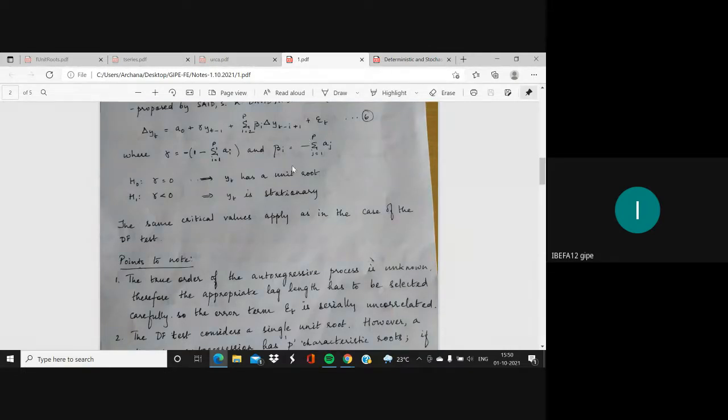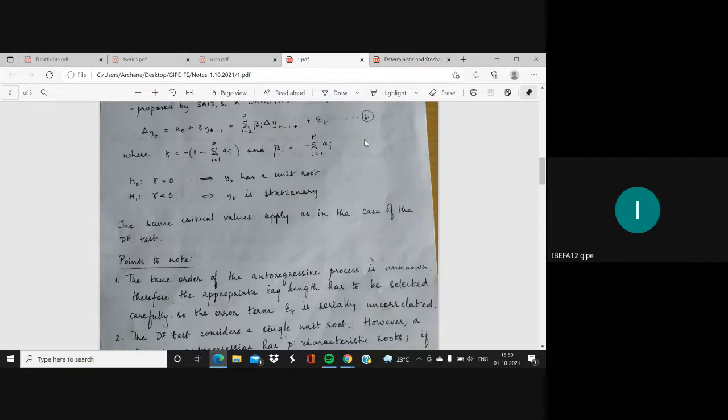Instead, if you find that the last lag is insignificant, or the last few lags are insignificant, then estimate the model again using p minus 1 lags, then check the statistical significance of the lagged coefficients again, and keep repeating this whole process till the last lag which is left is actually significant.